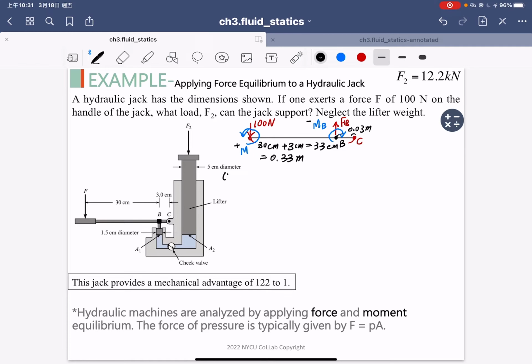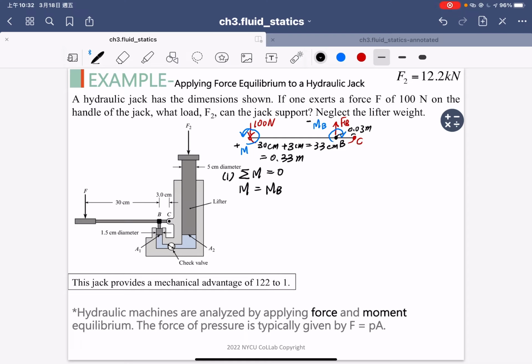Our first idea for this question is that the sum of the moments should be equal to 0. So we have M and we have MB. They are equal. Okay, so we can put the numbers inside.